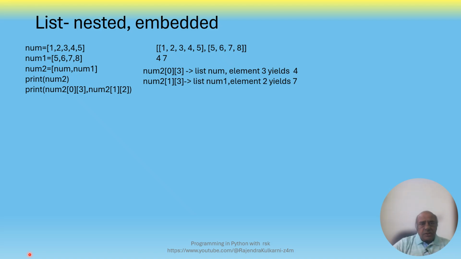Similarly, num2 1, 2 refers to list num1, which has now become element number 1 of num2, and yields 7 as the output.